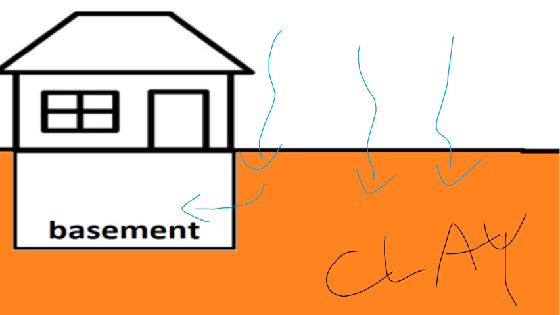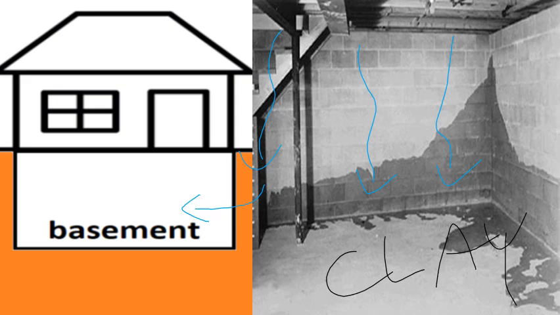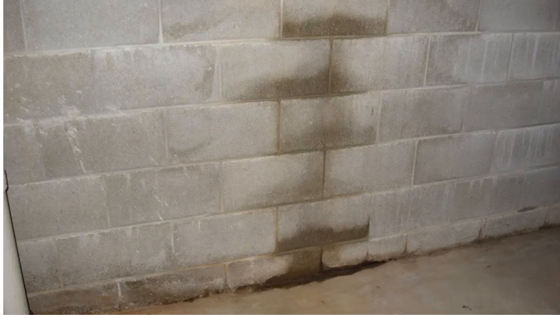So we get that water that seeps into our basement. And we already saw how porous and permeable concrete is. So you wind up with something like this. You get water that is coming slowly through your concrete block in your basement. That's what's called seepage, and it can be a real problem.